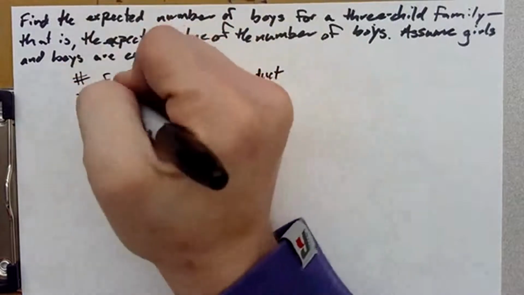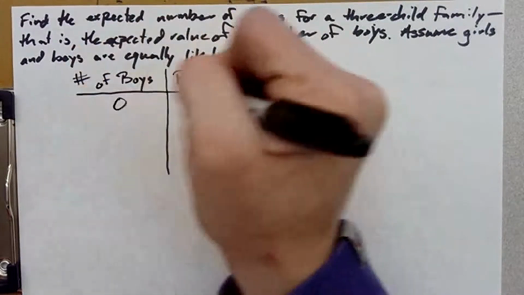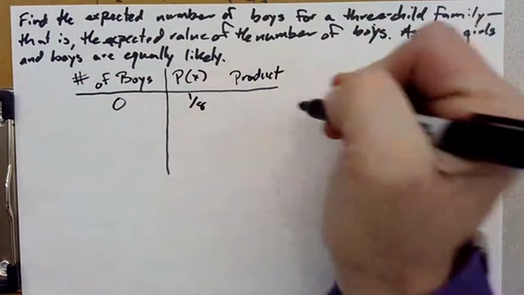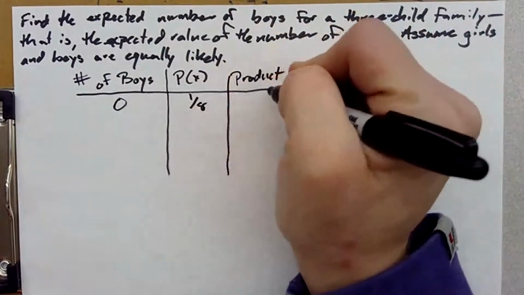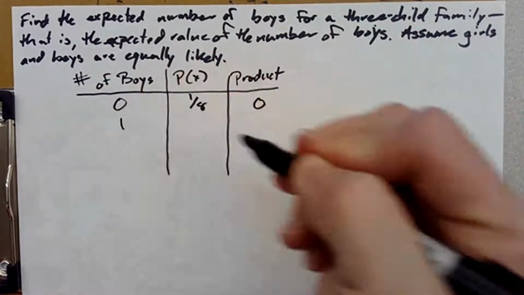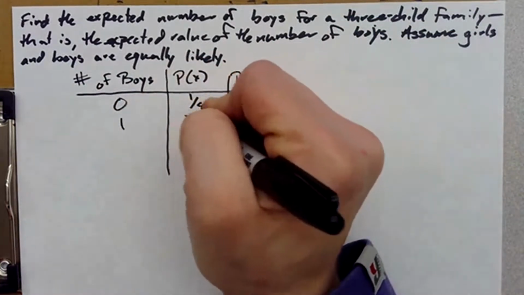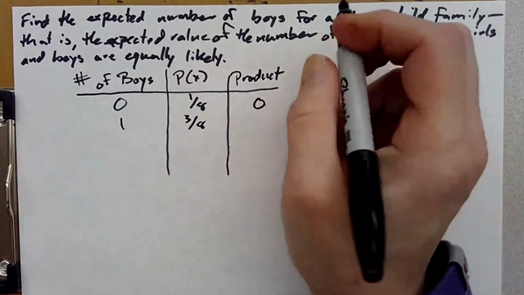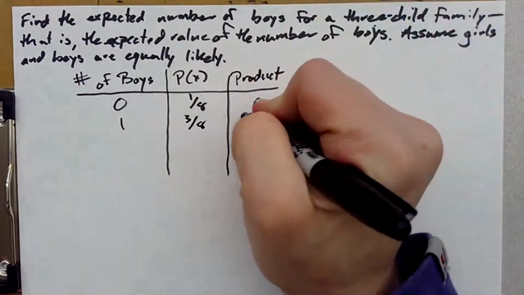Okay, so when there are 0 boys, that happens 1/8 of the time, and the product of 0 and anything is 0. When there is 1 boy, that's going to happen 3/8 of the time. We've seen that before, and the product of 1 and 3/8 is still 3/8.